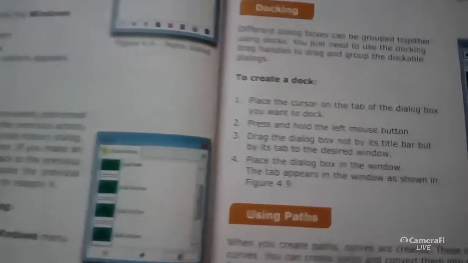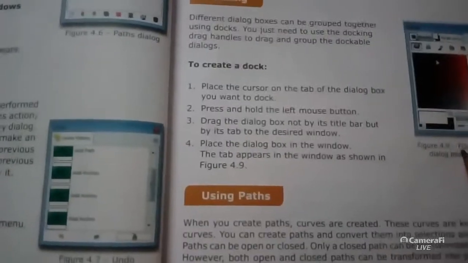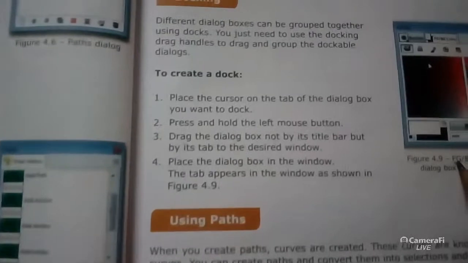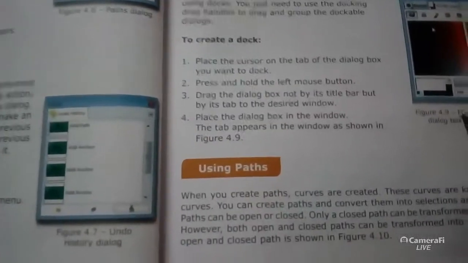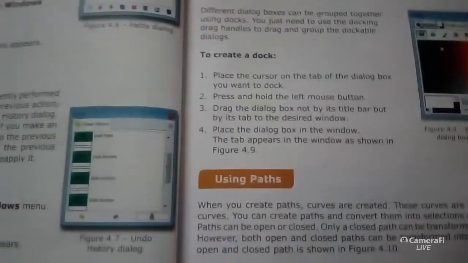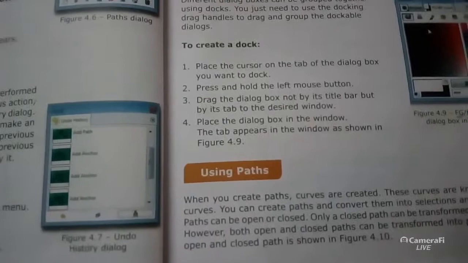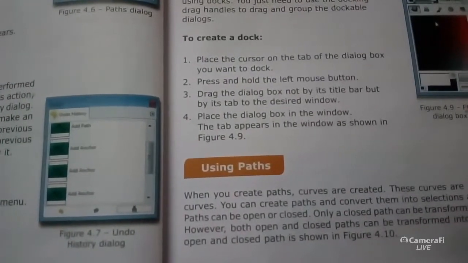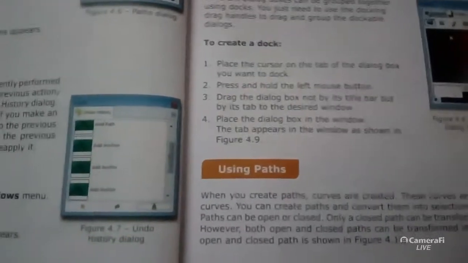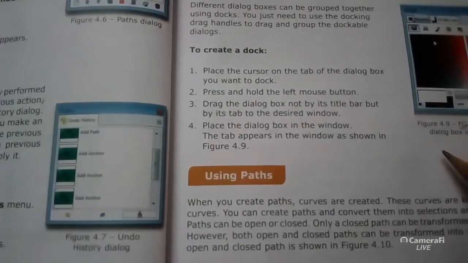That is docking. See here, FG and BG mean foreground and background. Foreground means the color of the object which you have drawn, and background means the color of the screen. Suppose you have drawn a flower with red petals and green leaves, but you want to give a yellow background to the screen.